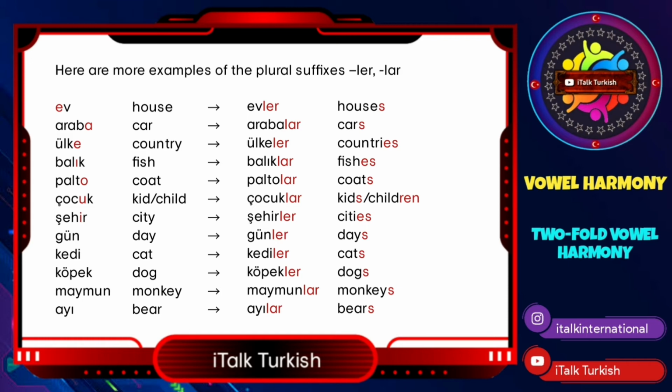If the last vowel of a word is one of e, i, ö, ü, the suffix takes e. I hope you will understand what I teach you, dear friends. Please practice continuously if you forget this subject.